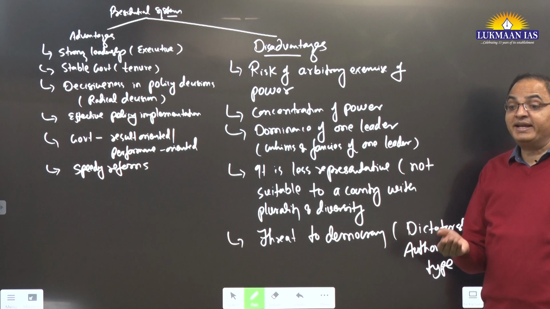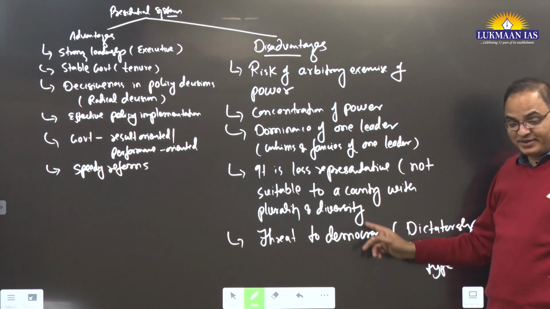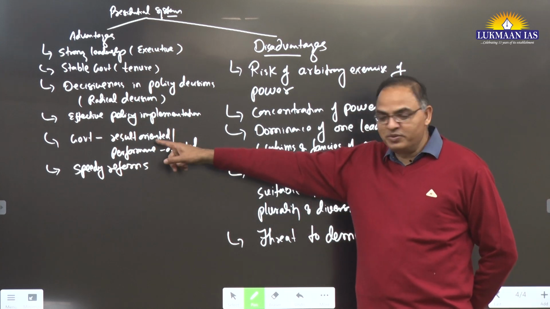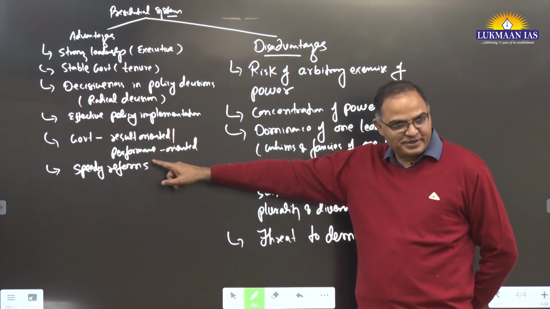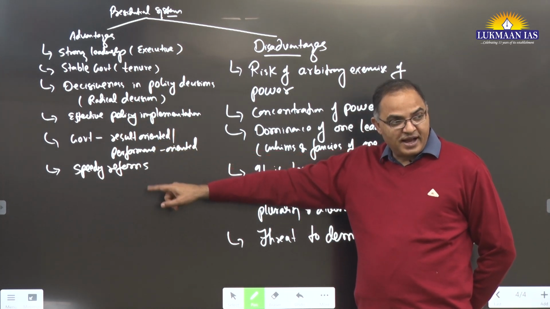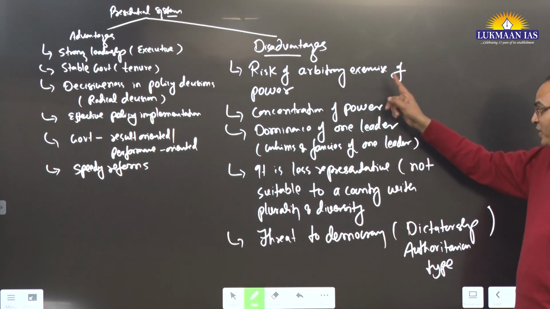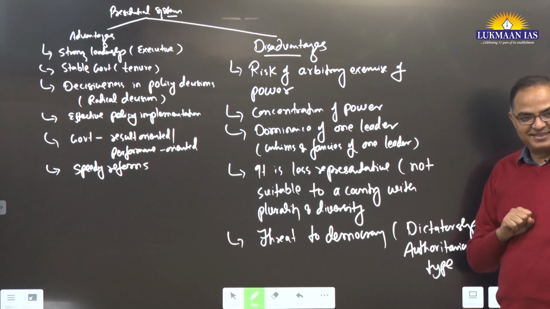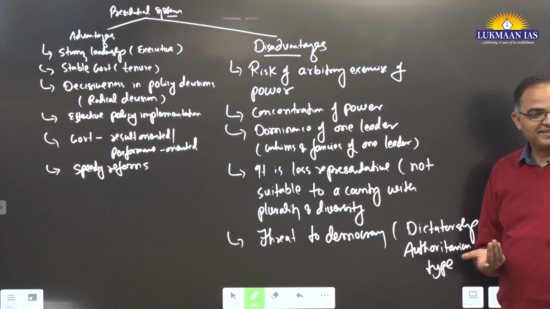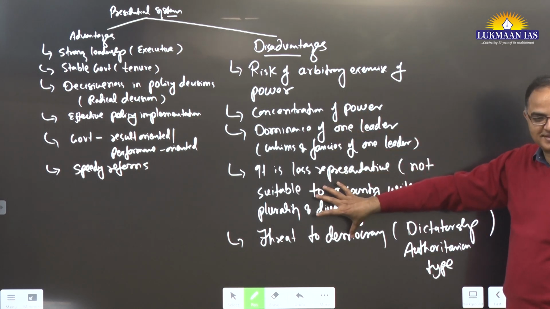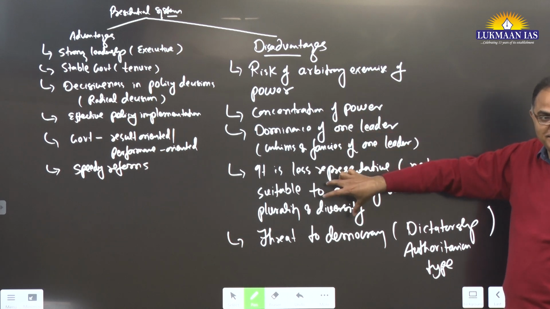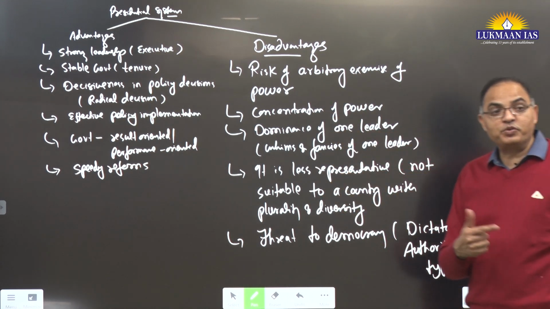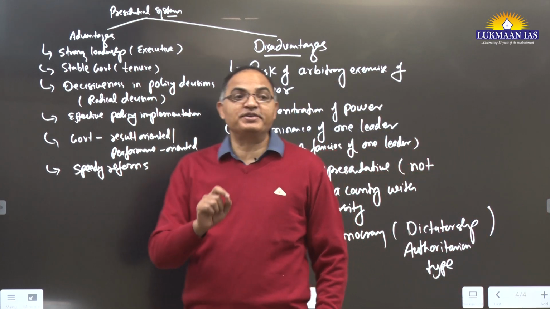Whether in actual practice it has become like this, and whether it has been able to perform, and what if in actual practice it has not become like this, then it can be better. These were the threats and concerns, but has it become like this? Not necessarily. That is how we have to see how the presidential system has worked.